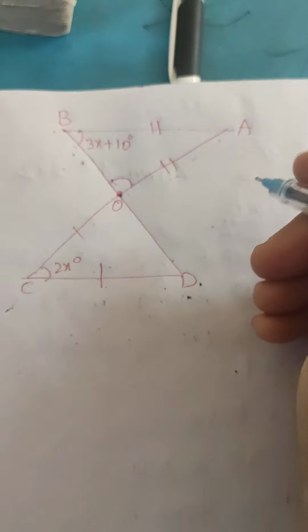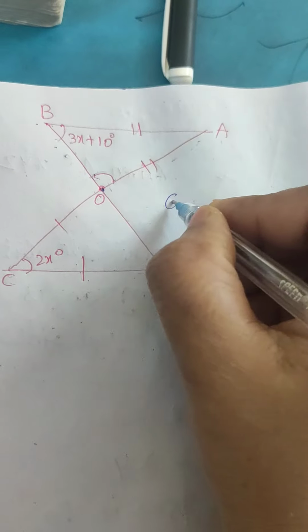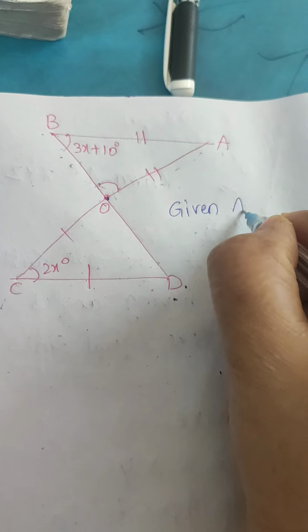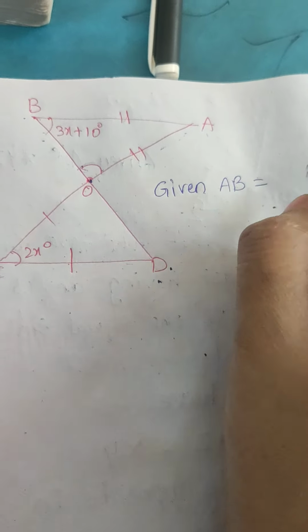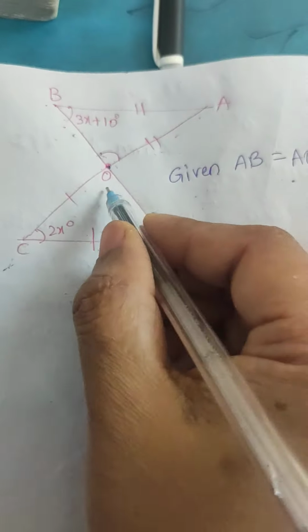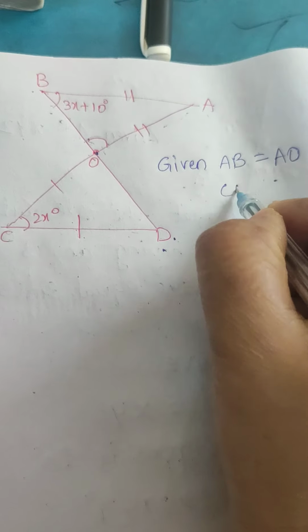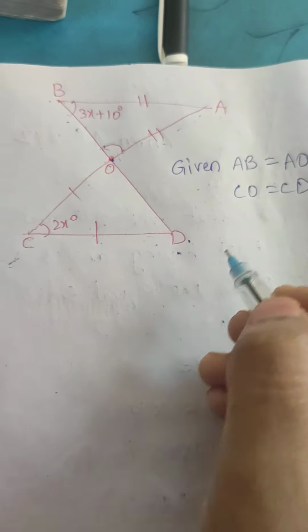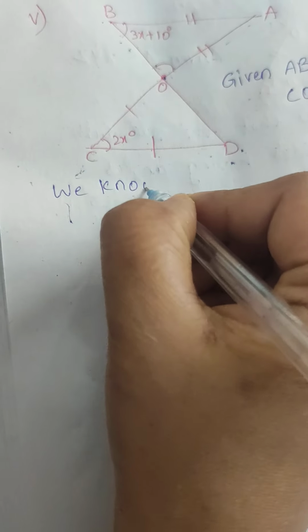First of all we will write down what is given: AB is equal to AO, also CO is equal to CD. We will write down the concept as we used in the previous problem.